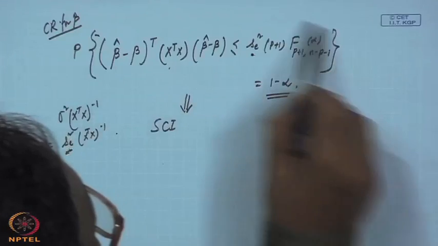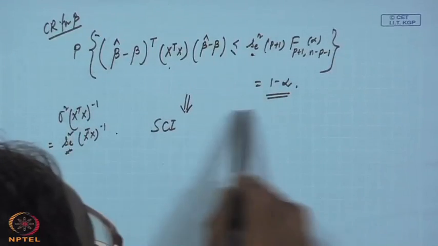Beta cap is a statistic. Earlier we saw x bar multivariate normal, that was a statistic. With x bar we created the confidence region for mu. Here, with beta cap, we want to find the confidence region for beta. So this is the formulation which can be used.